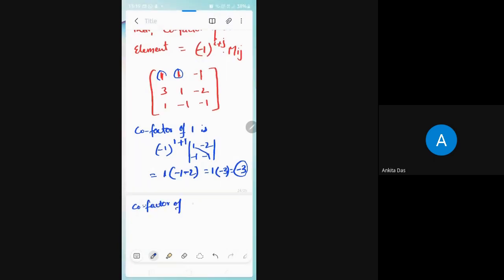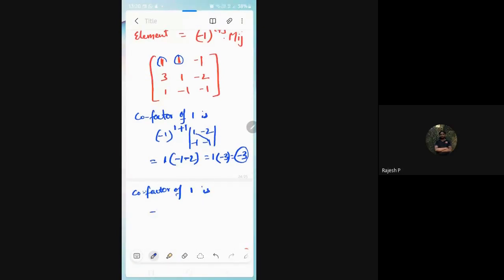Now observe, this is minus 1 to the power of, the second element is in the first row and the second column, so 1 plus 2, into the minor. Now if you leave the first row and second column, the remaining is 3 3, minus 2, 1 minus 1 minus 1.